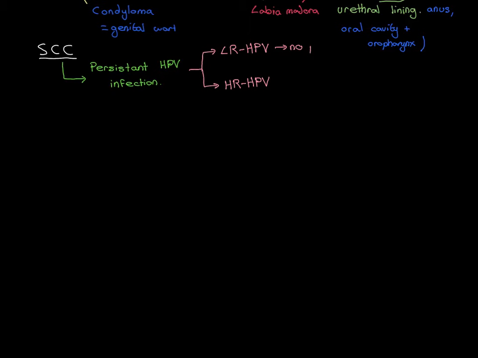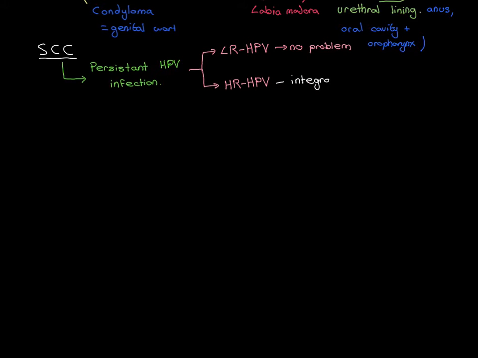This is no problem at all. It's if you get a persistent HPV infection with a high-risk mucosal HPV that you move along the process to getting squamous cell carcinoma. The reason is that with the high-risk HPVs, if you have a persistent infection, something tends to happen that doesn't happen with the low-risk HPVs, and this is that you tend to get integration of the genome into the host cell genome.